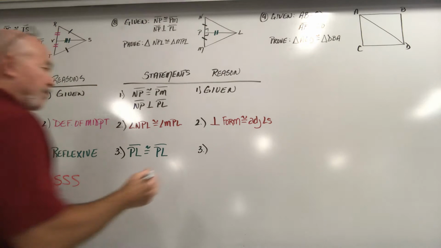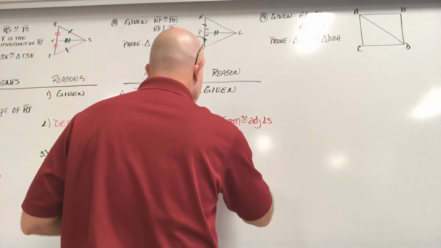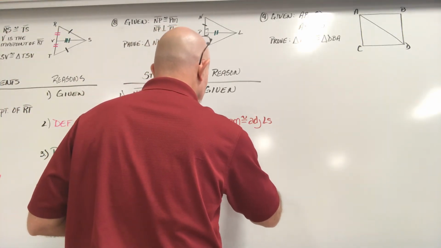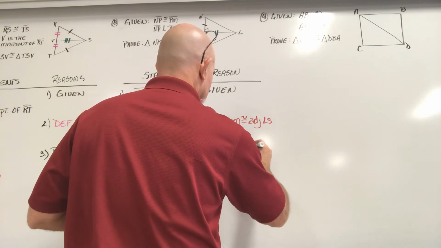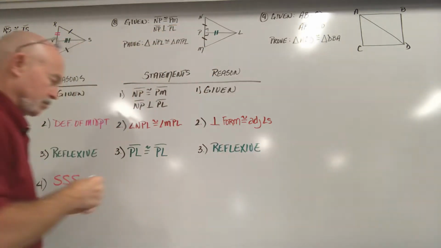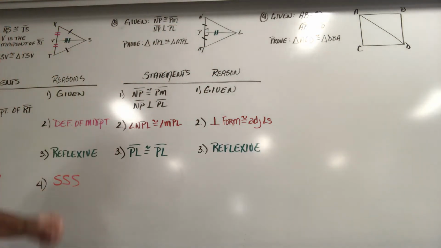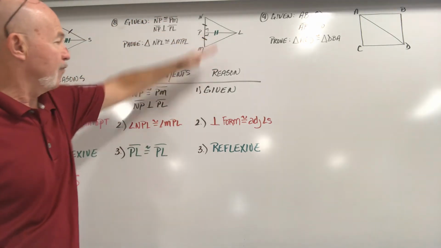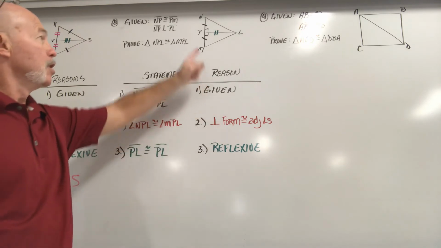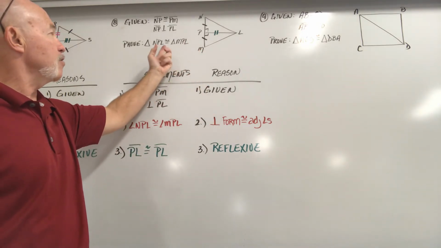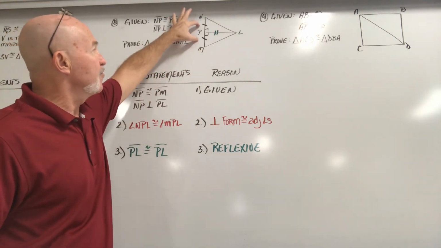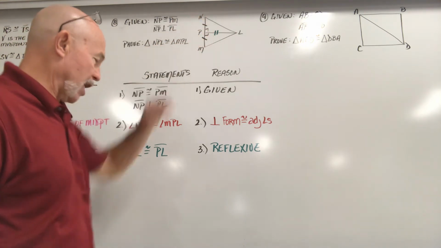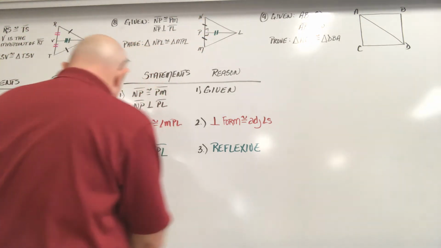Once again, reflexive property. Now, we've taken all of our marks and put them into terms. So now we just have to say we've got our triangles and they are congruent with side, angle, side. Okay, here we go.